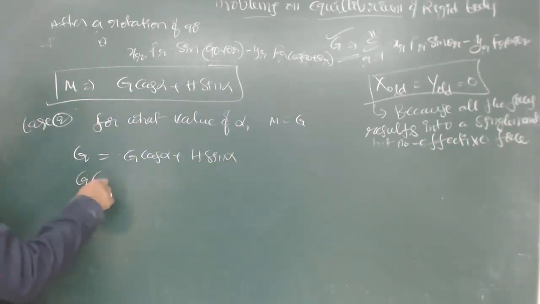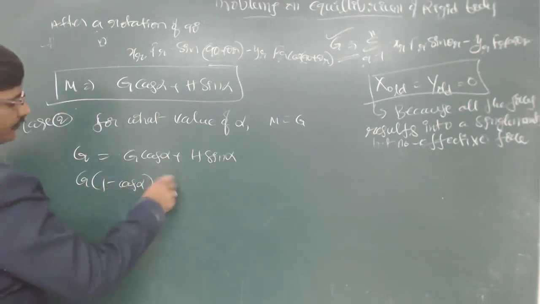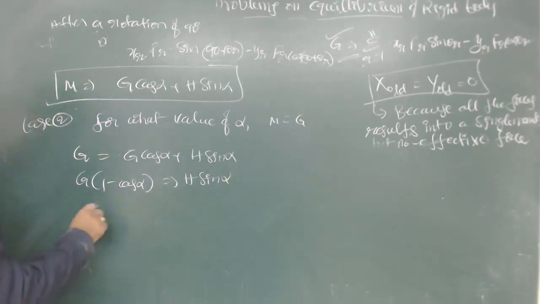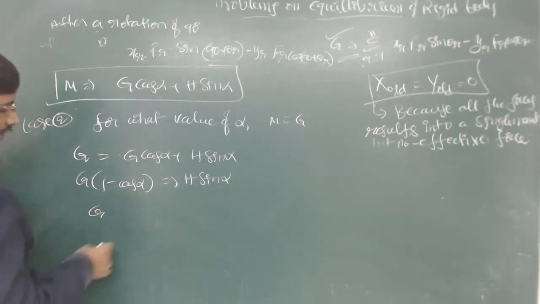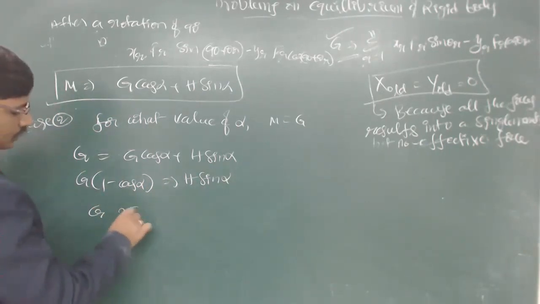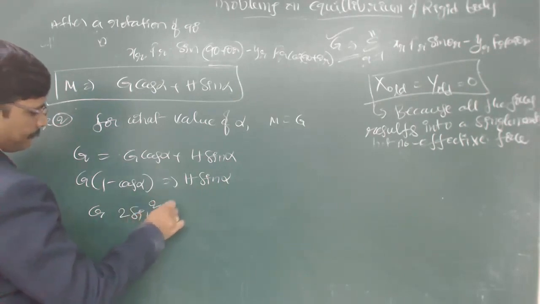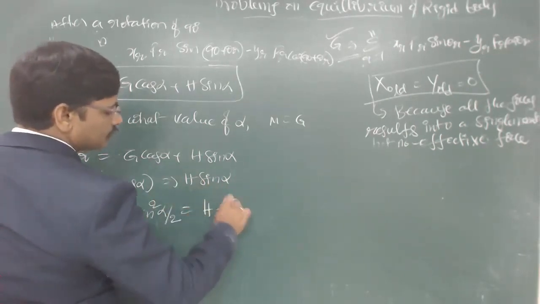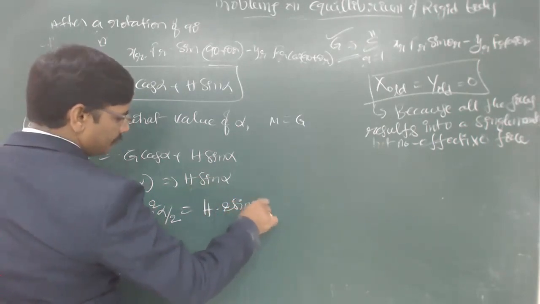So G into 1 minus cos alpha is equal to H into sin alpha. G into 1 minus cos alpha can be written as 2 sin square alpha by 2, and this equals H into 2 sin alpha by 2 cos alpha by 2.